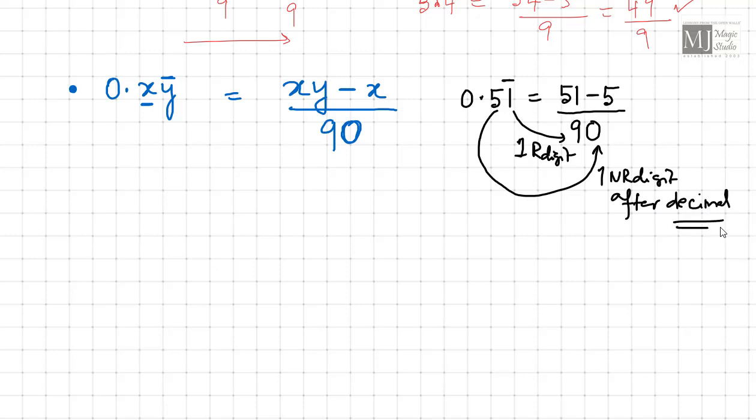This is very important: after the decimal. So this becomes 51 minus 5, which is 46, by 90. Now I can cancel this by 2, I guess. Yes, so this will be 23 by 45. You can use a calculator or you can divide it after viewing this session, or you can pause the video and check it. 23 by 45 will give you 0.51111111, and that is the recurring number.